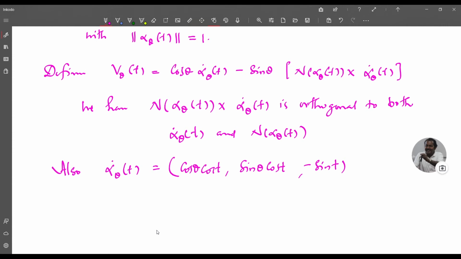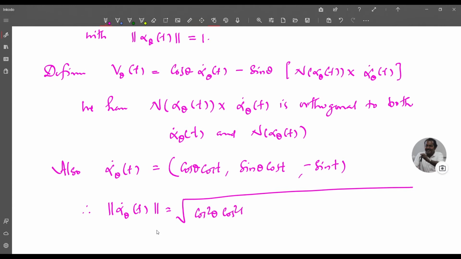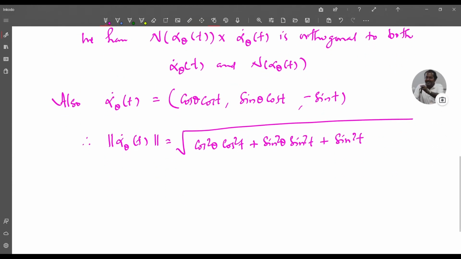Therefore, norm of alpha theta dot of t is equal to square root of cos square theta cos square t plus sin square theta cos square t plus sin square t. So this is actually equal to square root of 1, so that is 1 itself.